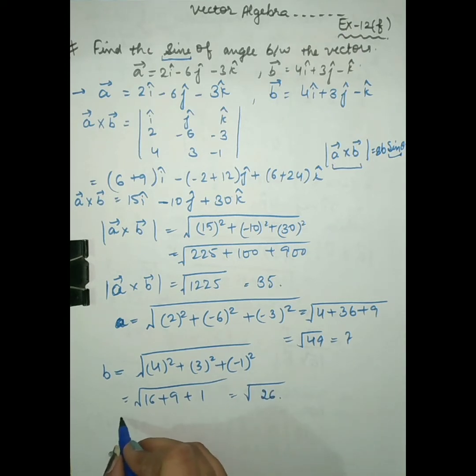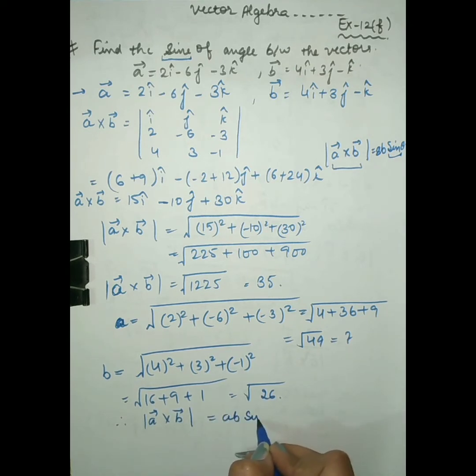Now the magnitude of A vector cross B vector equals AB sine theta, where theta is the angle between the two vectors. Then we put the values: the magnitude of A vector cross B vector, which is 35, equals the magnitude of A vector, which is 7, and the magnitude of B vector, which is root of 26, into sine theta.